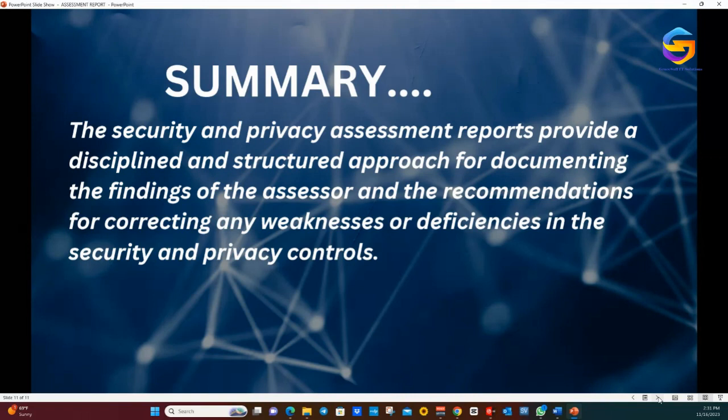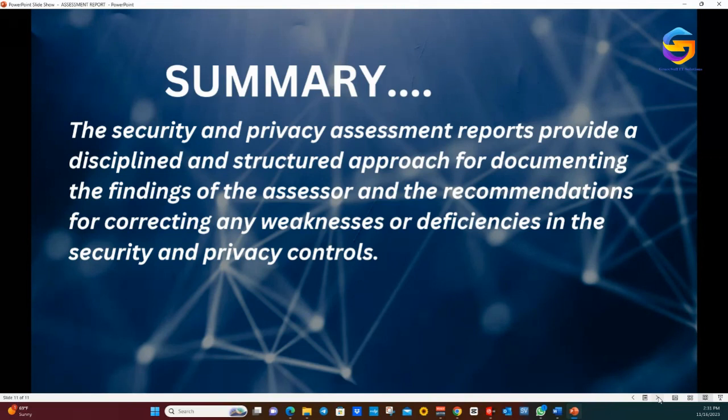From time to time, as part of the authorizing requirement, the controls would have to be assessed from time to time. So in the course of the assessment, whenever there is any changes, you have to document in the assessment report. Which means that the assessment report is updated as when needed, so far as the controls are concerned.